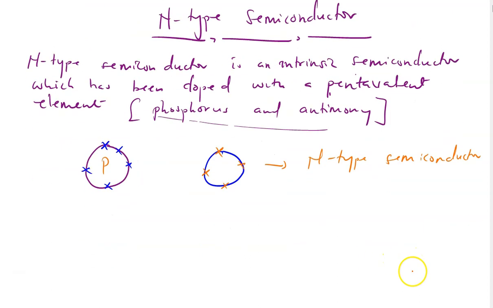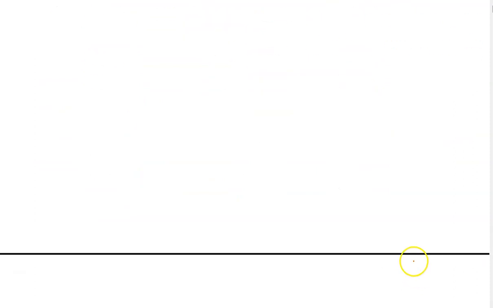So let's explain this with the diagram. Assuming I have the phosphorus at the center here, and it has 5 electrons at the outermost shell: 1, 2, 3, 4, let's say 5.